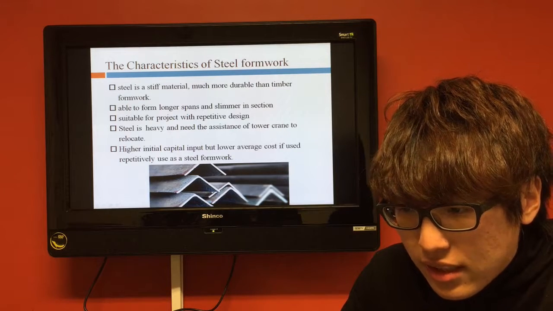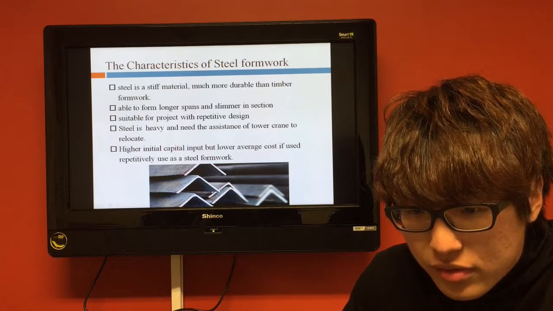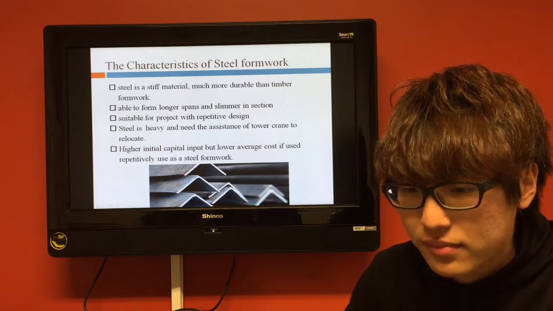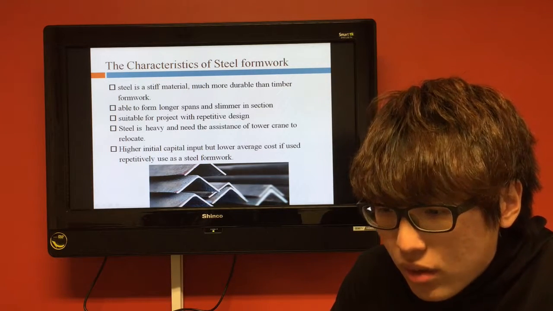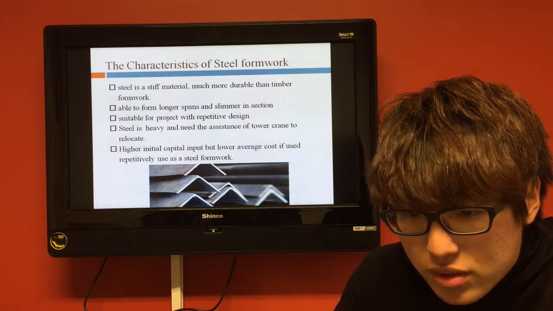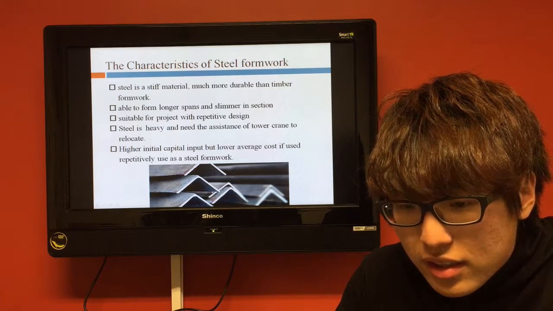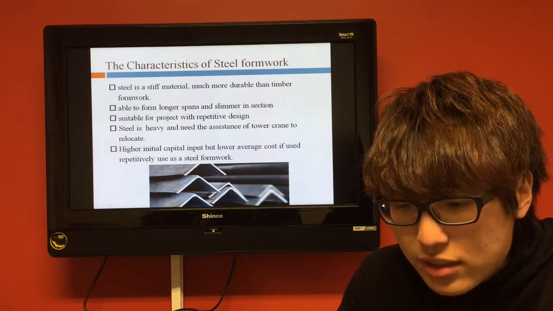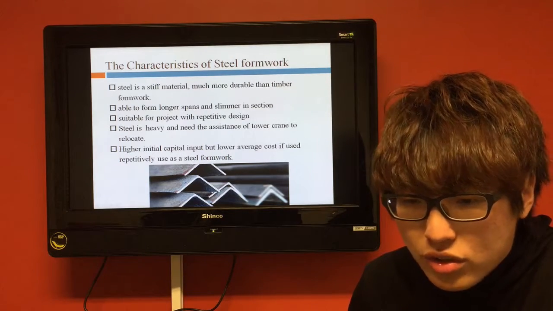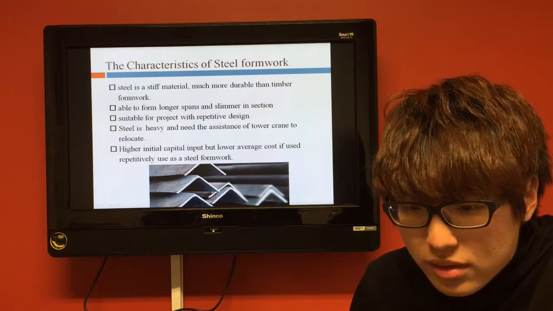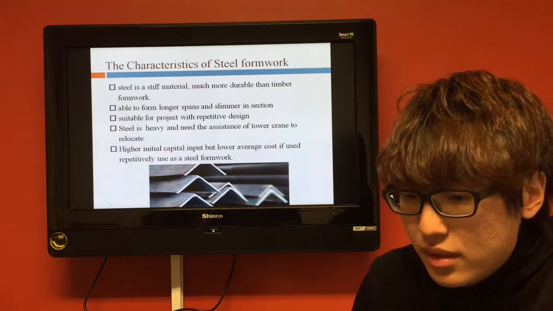Steel is heavy and needs the assistance of a tower crane to relocate. Higher initial capital input, but lower average cost if used repetitively. It is more difficult and more expensive to change the shape, therefore low design flexibility.